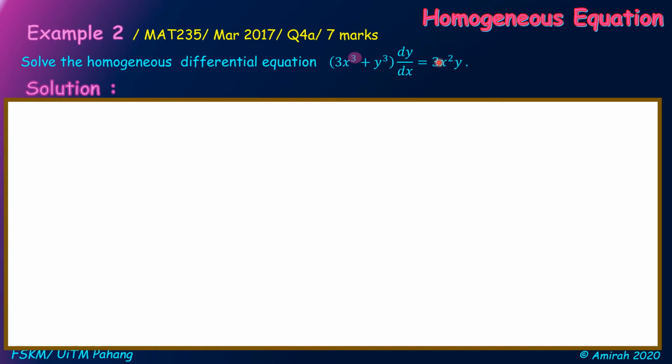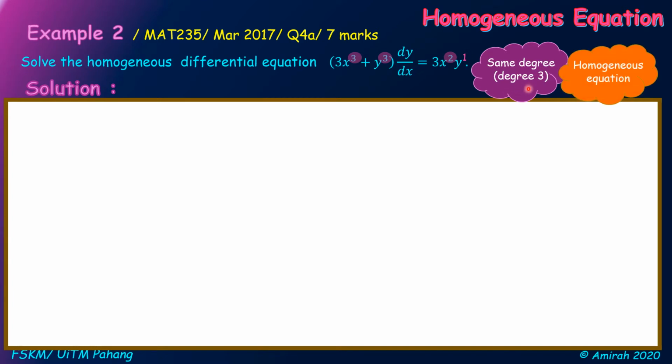So from here, we have x cubed, y cubed, x squared, and y to the power of 1, which is the same degree 3. So we can solve this first order ODE using homogeneous equation. Step 1, we write dy/dx as the subject and name it equation 1.